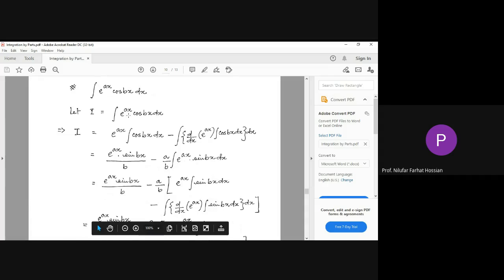So the first function you chose here, you have to choose the same thing as your first function. If you change it, you will get no result. So here I have chosen this one as first, this one as second. But if you choose cos bx as your first function, e to the power ax as your second function, no problem. You will get the same result.